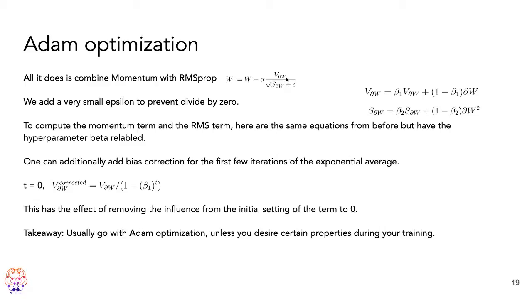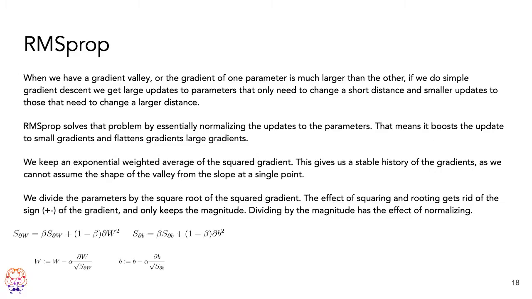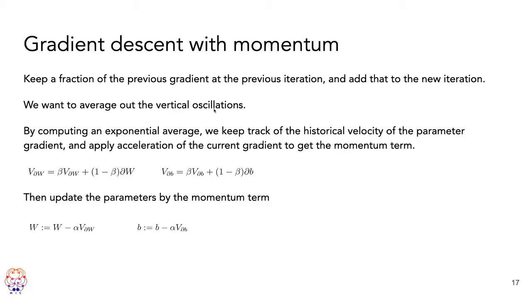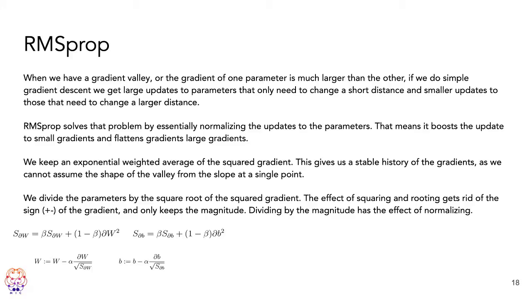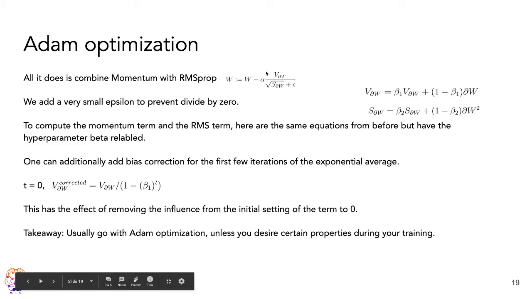We have our velocity term that we had from momentum, and we have our squared error term here. So remember, in momentum, we had V. In RMS prop, we had S.